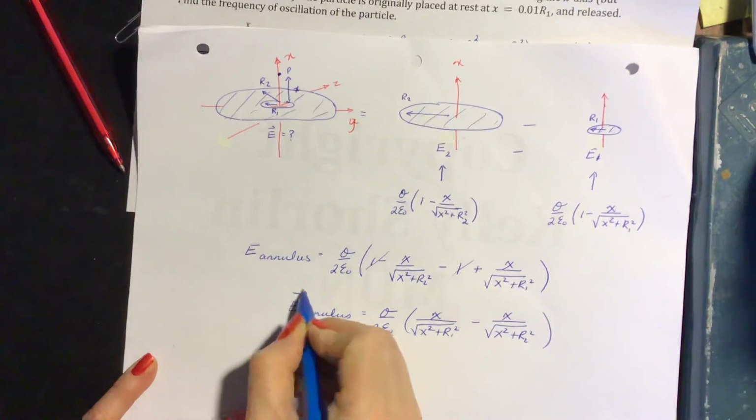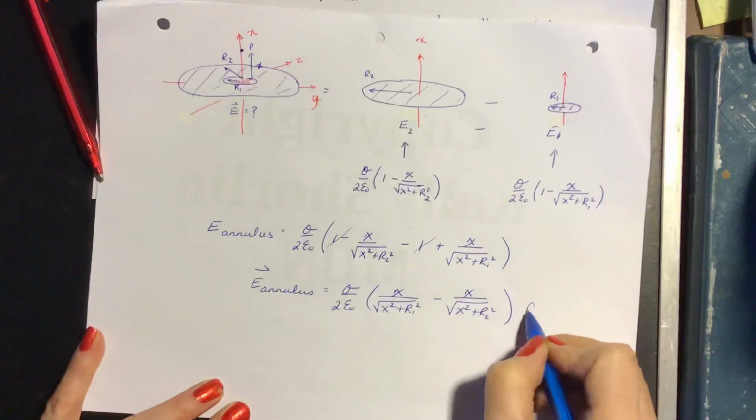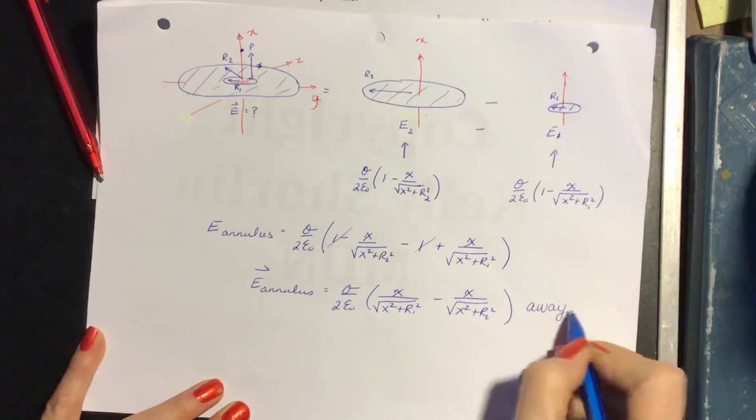Electric field is a vector, and the direction it points is away from the object.